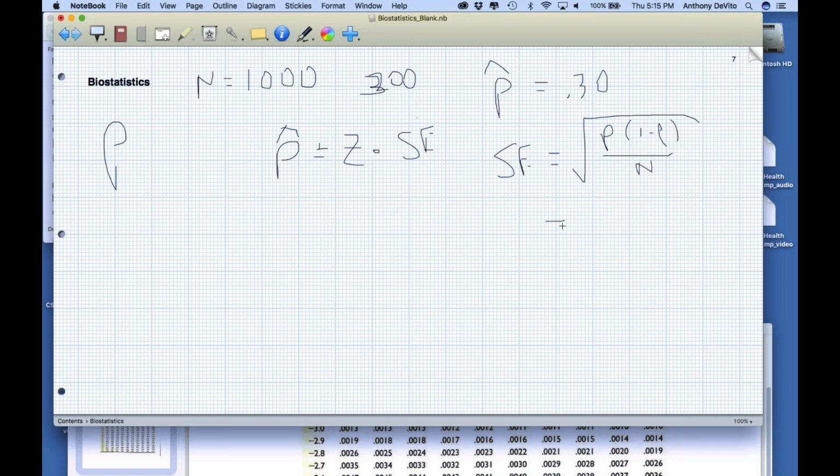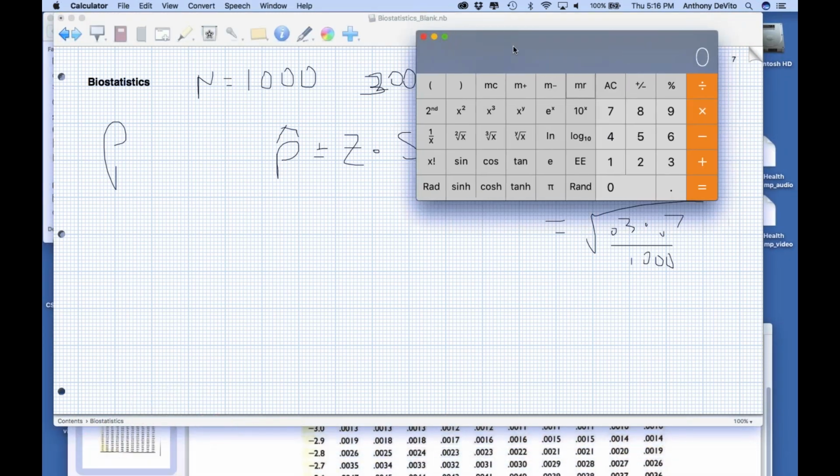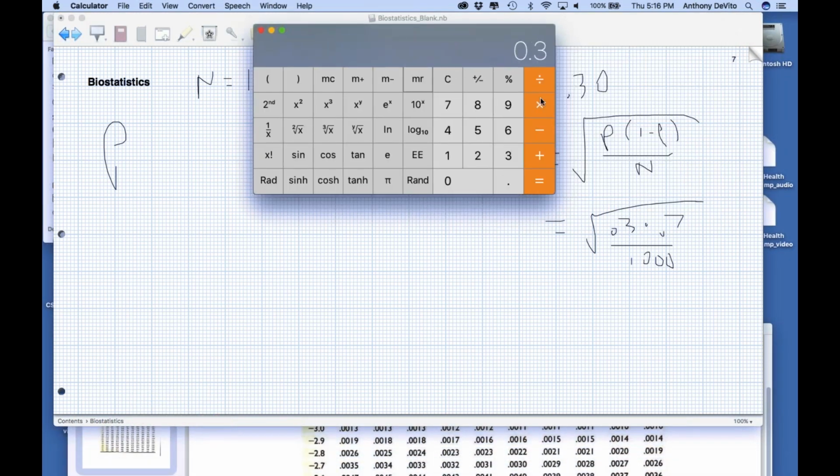Okay, so let's do this calculation again. That's equal to the square root of, in this case, p is 0.3 times 0.7 over 1,000. Let's get the calculator up again. So 0.3 times 0.7 equals this, divided by 1,000 equals this, but we're not done.